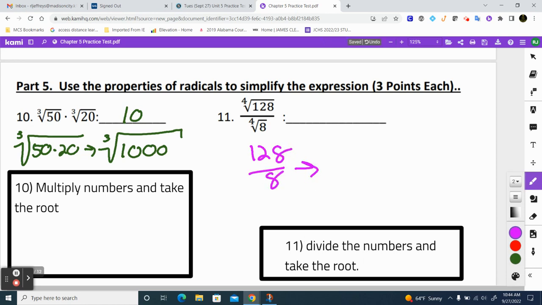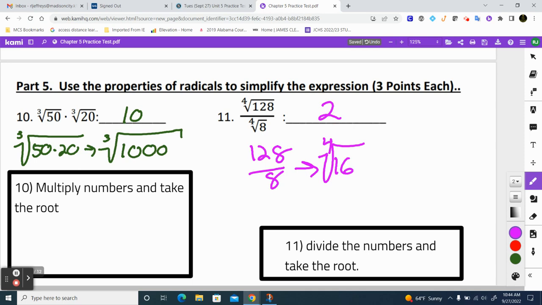Well, okay. We get 16. So we divided the numbers. Now we take the root. Now we find the fourth root of 16. So 4 second, raise the roof. 16. Bam. Guess what? 2.